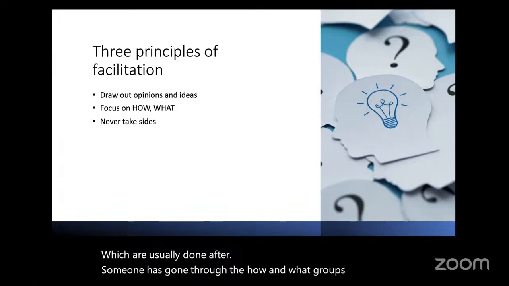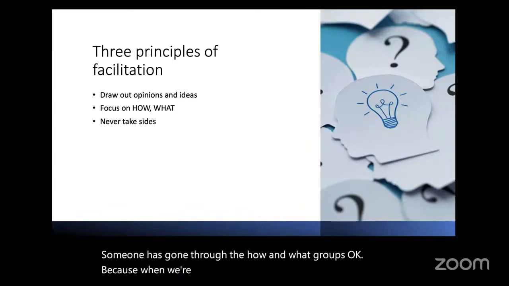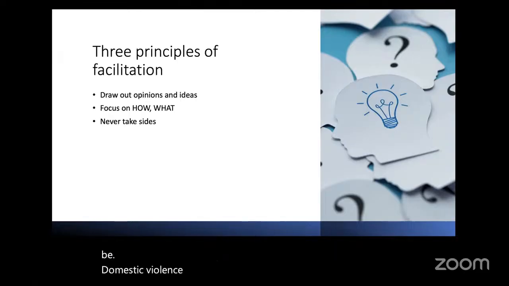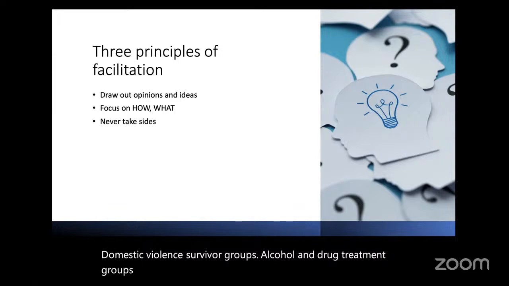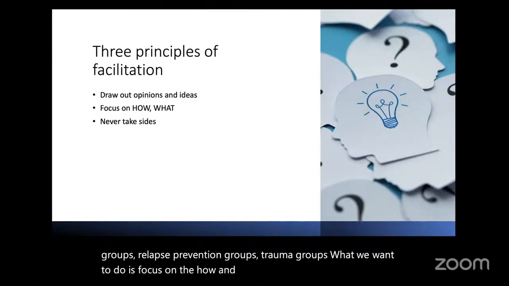Okay. Because when we're doing initial treatment groups, so this would be domestic violence survivor groups, alcohol and drug treatment groups, relapse prevention groups, trauma groups, what we want to do is focus on the how and what, but not the why.